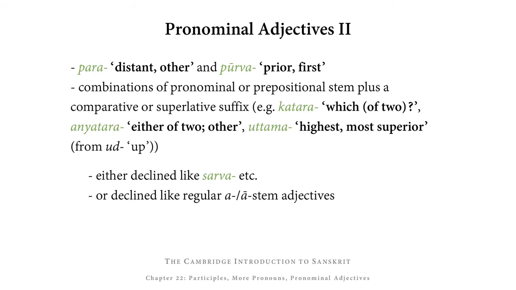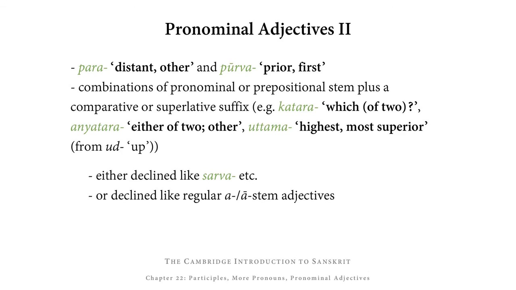Then, on top of what we just saw, we have another couple of forms that are declined either just like sarva, so just like the pronominal adjectives you were introduced to a second ago, or they are declined just like regular a, short a, long a stem adjectives, so just like priyaḥ, priyā, priyam. And these are para, meaning distant or other, pūrva, meaning prior or first, and a variety of combinations of either pronominal or prepositional stems plus a comparative or superlative suffix.